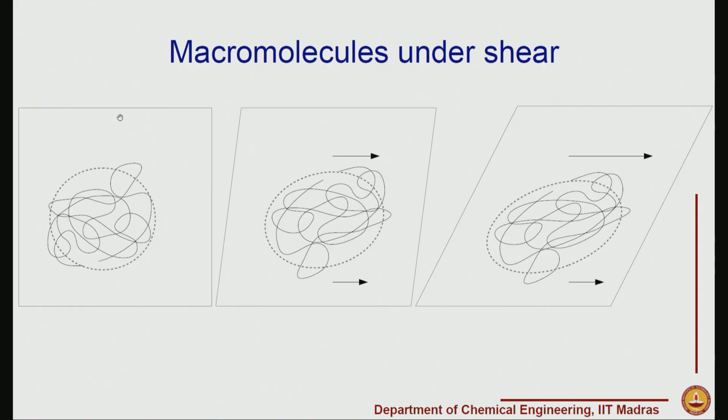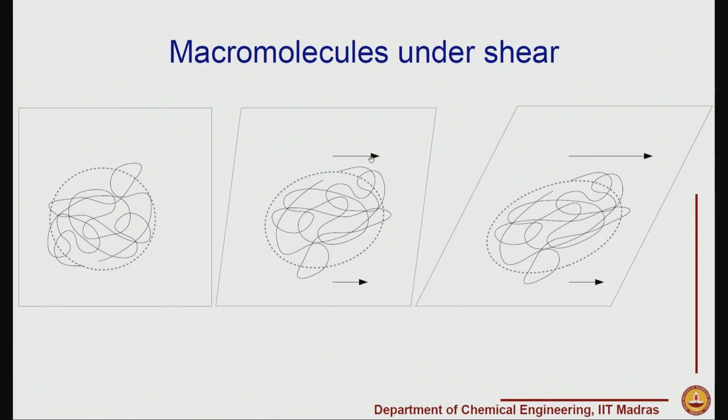We can think for example that the top surface is moving with a velocity, while the bottom surface is, let us say, stationary. What that does is that as you go higher and higher, the velocity would be higher and higher. So, if you look at the macromolecule, zoomed in, this is of course a considerably zoomed in version in which we are able to see the macromolecule.